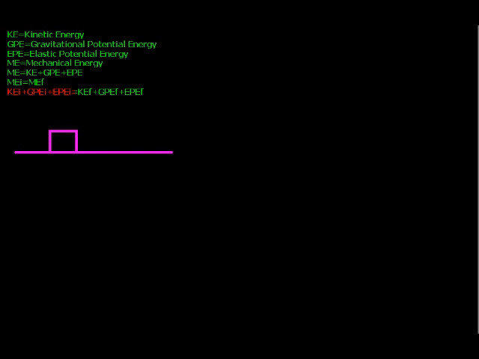And we're going to say that this box has a mass of 10 kilograms, right? 10 kilogram box. And we're going to say that it starts out moving, say, this direction at a speed of 8 meters per second.